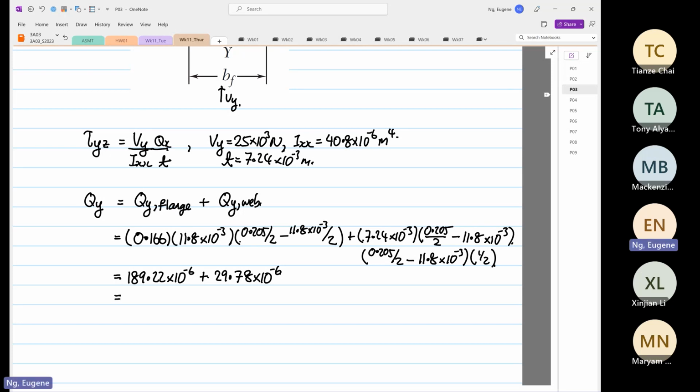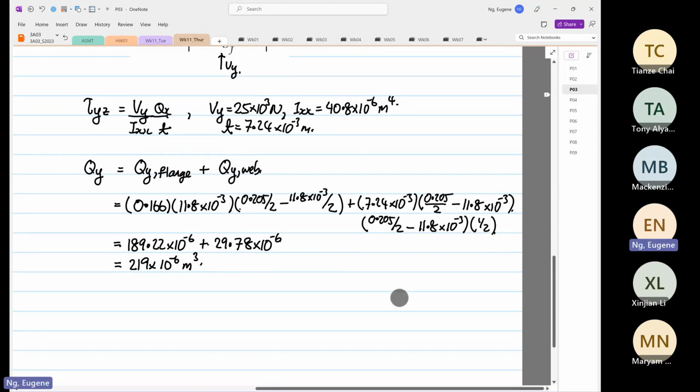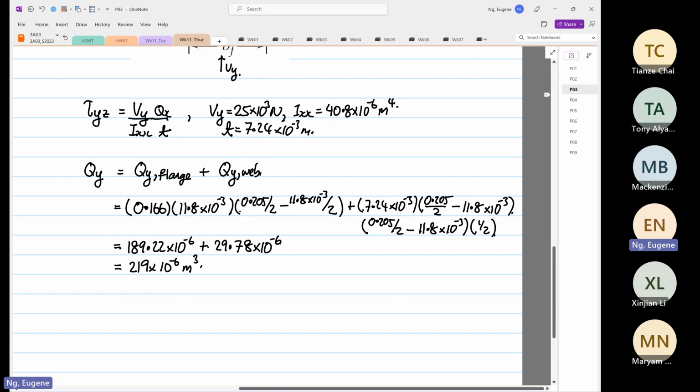So this will be equal to 189.22 power minus 6 plus 29.78 power minus 6, which is equal to 219. Yep, 219.